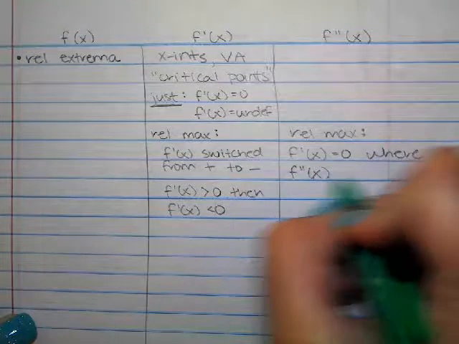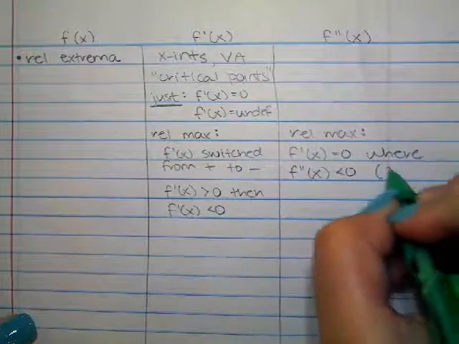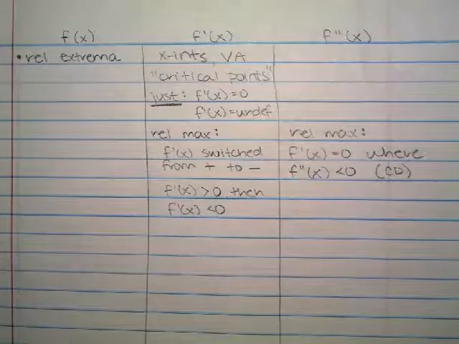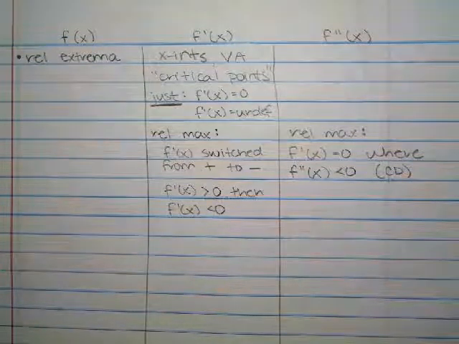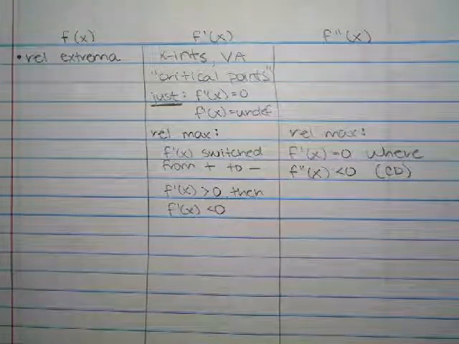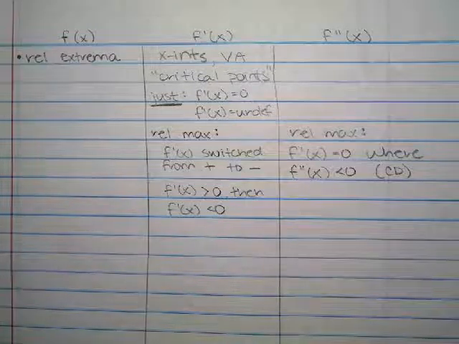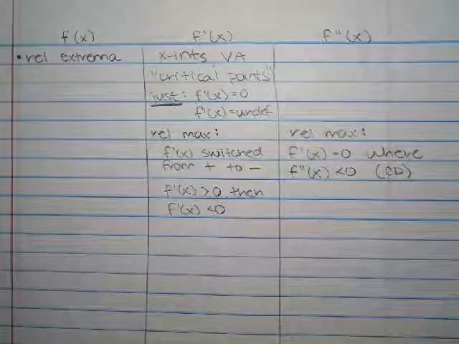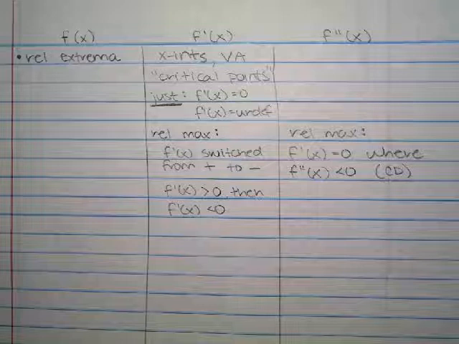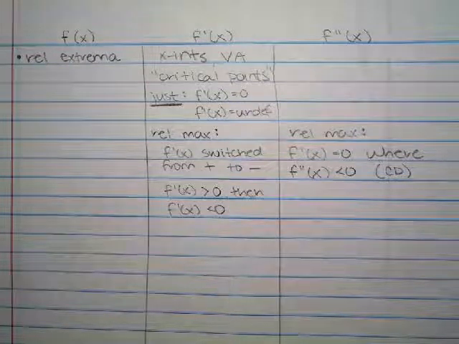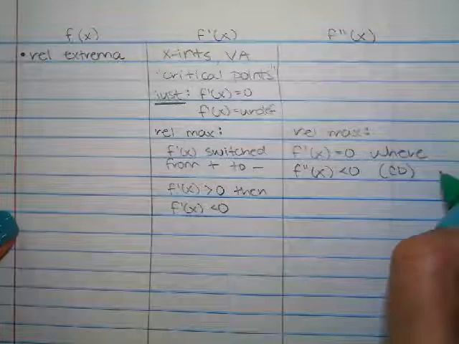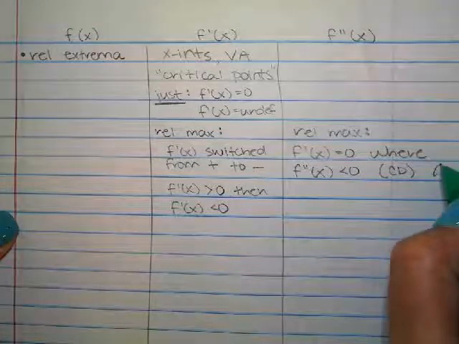Okay? And in parentheses, I'm going to write concave down. So if you can show that the second derivative has given you that it's concave down, where the critical point is, that means that you have a relative maximum. Does that make sense? That's your second derivative test. So if it's concave down, you have a relative maximum, right?